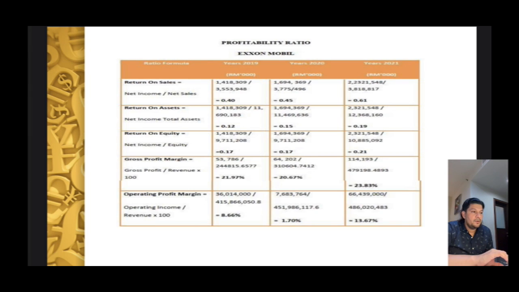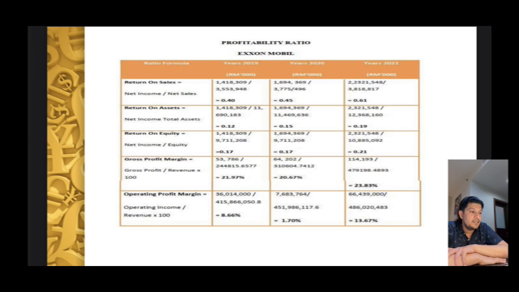And if you look for 2019, the net income return on sales is 3,553,948, and for 2020 it increases to 0.45, and for 2021 it increases to 0.61.